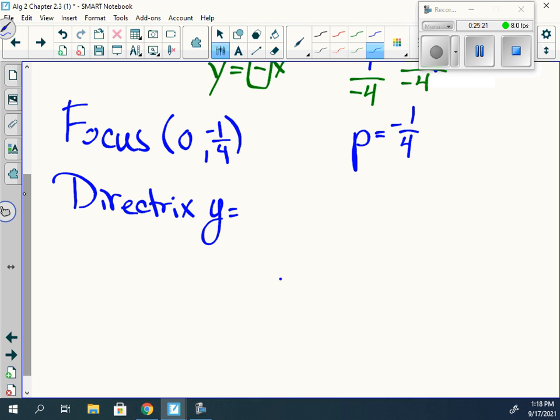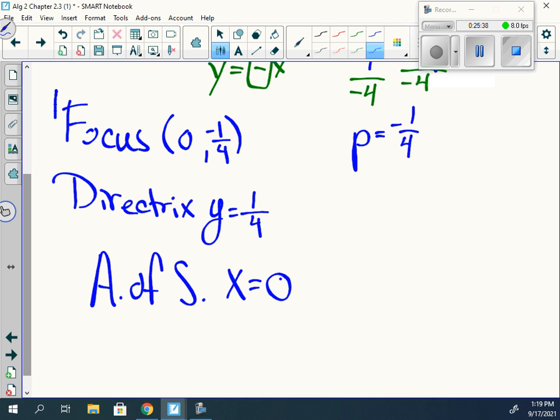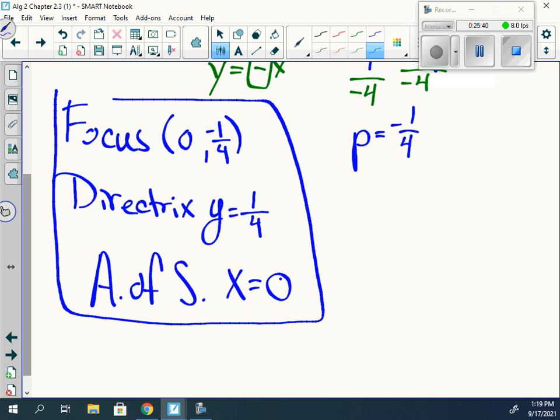So we would have what? Negative of negative 1/4. Well, a negative and negative make a positive 1/4. And the axis of symmetry is x is equal to 0. Any questions on this here? Any questions on anything we've done so far?